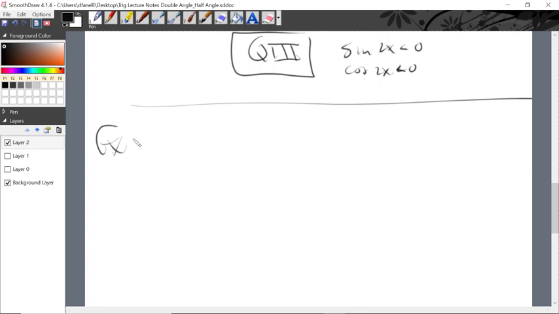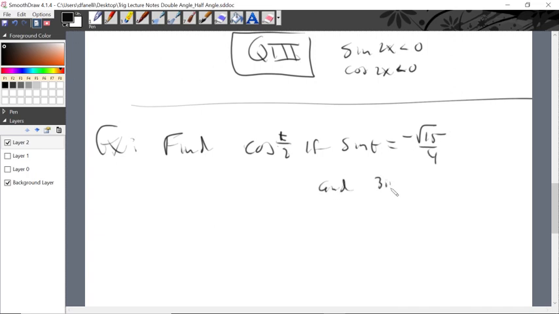And let's take a look at an example in reverse, a half angle one. Find the cosine of t over 2 if the sine of t is negative root 15 over 4, and where 3 pi over 2 is less than or equal to t is less than or equal to 2 pi. In other words, 3 pi over 2 would be the negative y-axis direction, and 2 pi would be after a full rotation back to the positive x-axis.